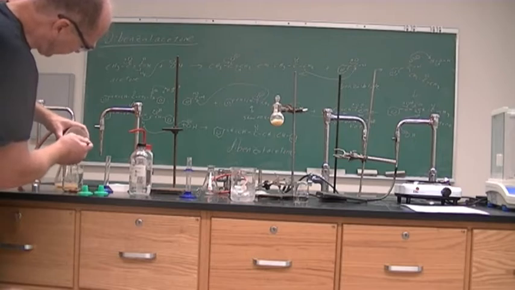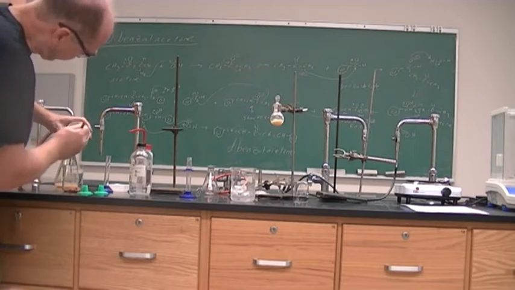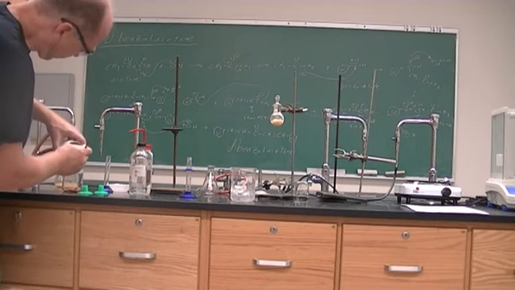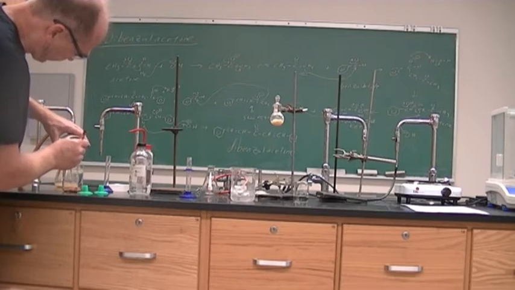And I can tell that this is wet, so a mass of this is going to be very misleading because it is not dry. So I'm not going to bother, I'll just get a mass of the dried product.